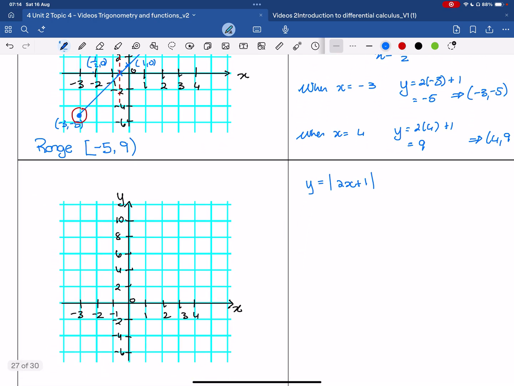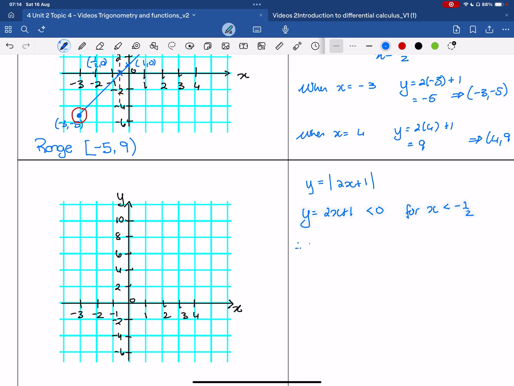So I'm going to be saying that y equals 2x plus 1 is negative, or less than 0, for x less than -1/2.